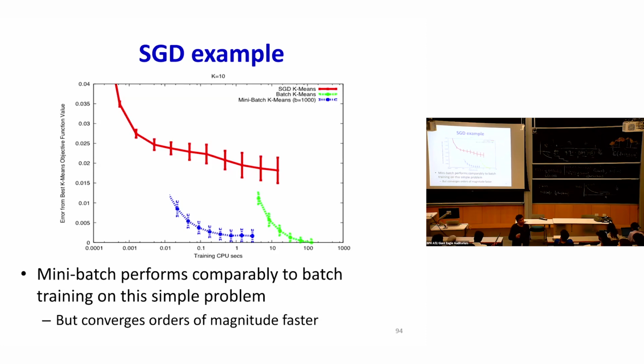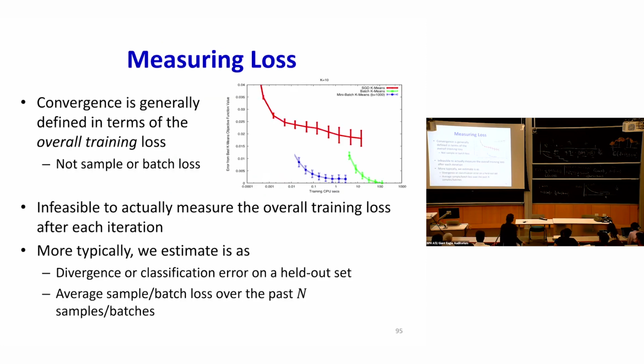And where it converges to is also going to be pretty close to where you would converge using the entire training data, and it's going to converge there as quickly as you would if you were using stochastic gradient descent, right? Again, the difference is SGD is using one sample at a time. Mini batch descent is looking at small collections of samples. And again, the convergence over here is defined in terms of overall training loss on the entire training data.